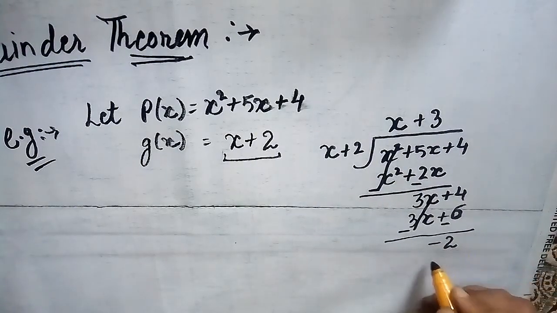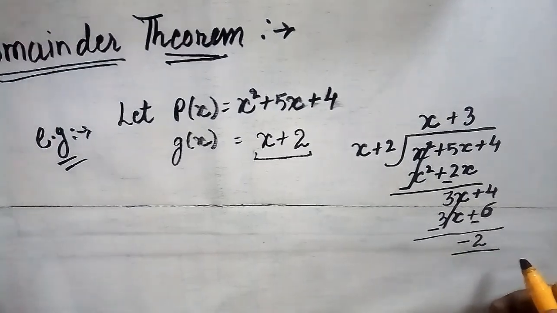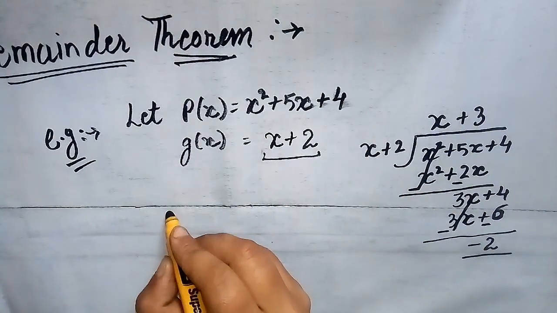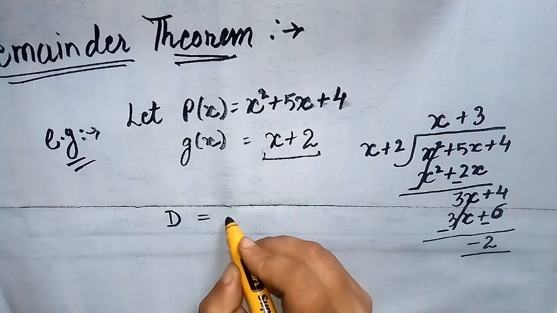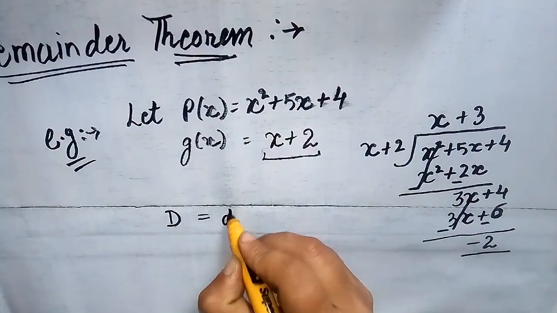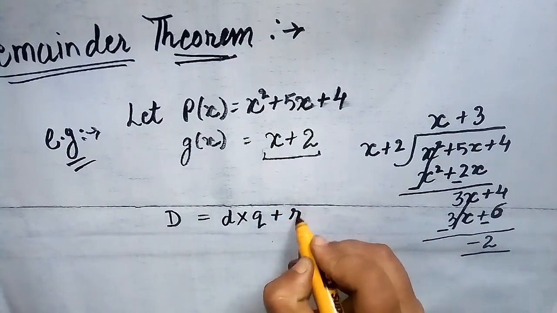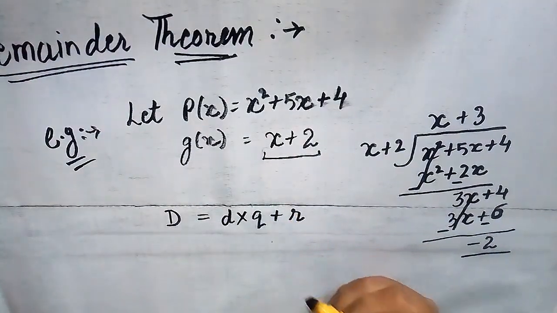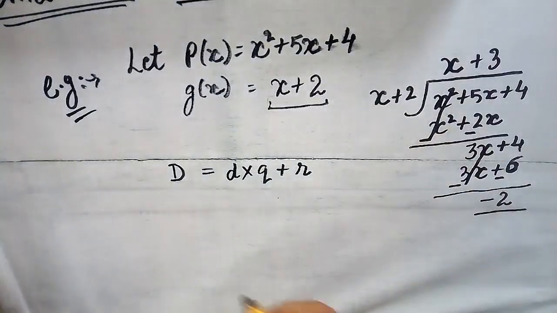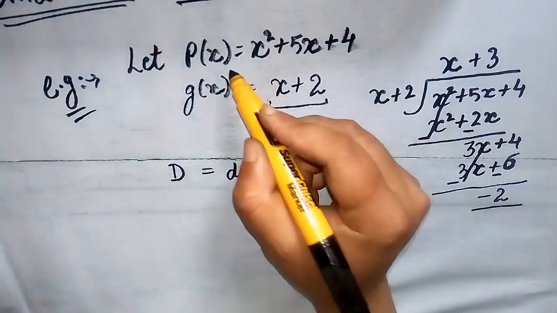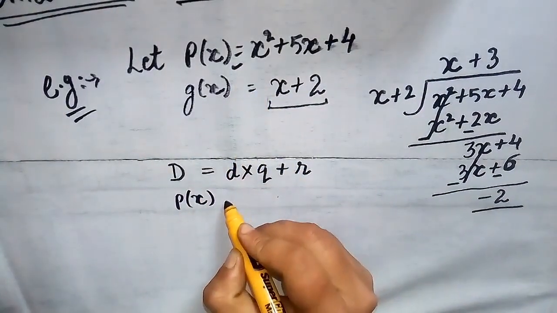minus 2. So here you have to stop your division because now the degree of remainder is less than the degree of divisor. And you know, to check this division, the formula is dividend equals divisor into quotient plus remainder. And you can see divisor, dividend and quotient as well as remainder all are polynomials.